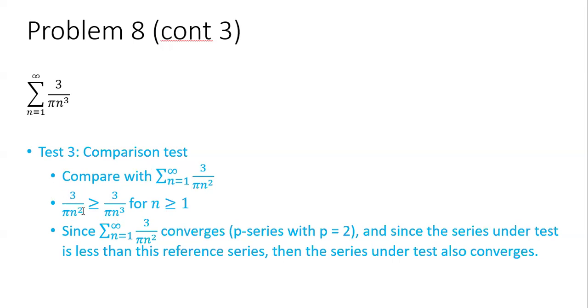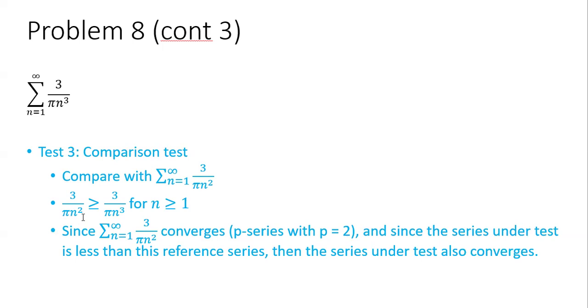So if you're dividing by something smaller, your final value is going to be bigger on this side, okay? Now, since this one we know converges, it's a p-series with p equals 2, and our series is even smaller than the thing that converges, our series is going to converge as well by direct comparison.